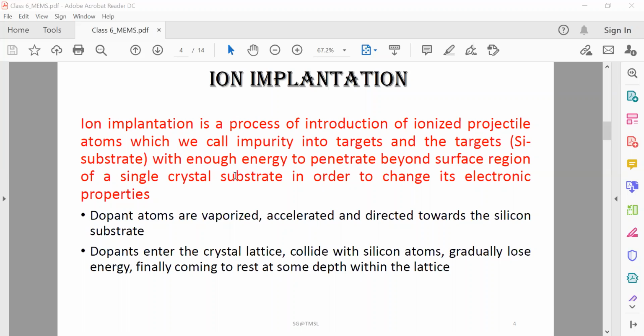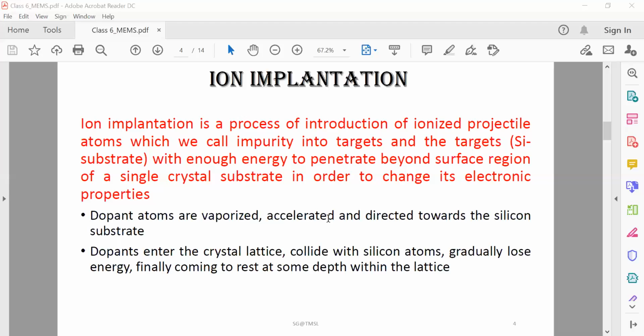Now how is it done? First, the dopant atoms are vaporized, then they are accelerated, and then directed at the silicon substrate. That means there are three steps. The dopant atoms are first vaporized, so it has to be in vapor form. Then it has to be accelerated, so the energy of the impurity atom will increase.